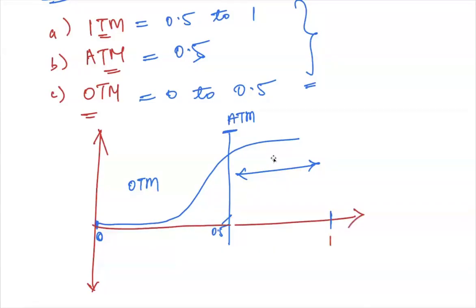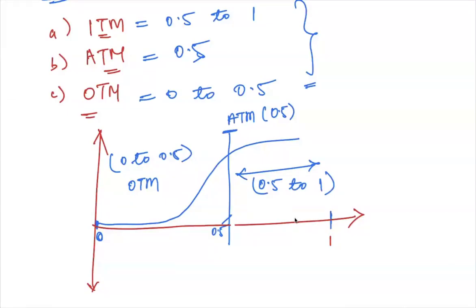So 0 to 0.5 is out of the money, at the money is nothing but 0.5, and 0.5 to 1 is nothing but in the money.